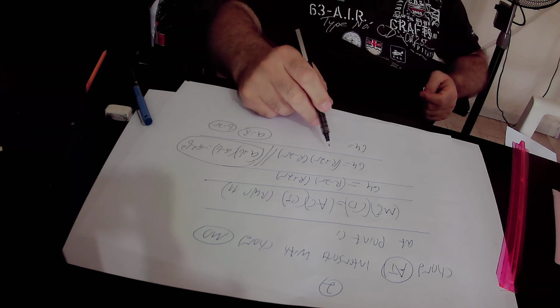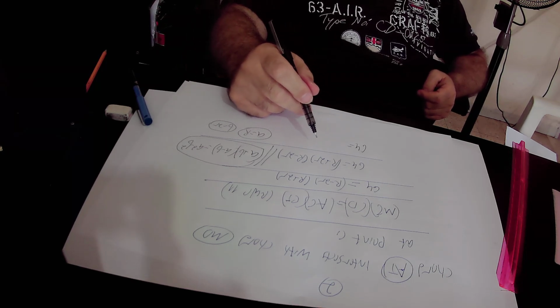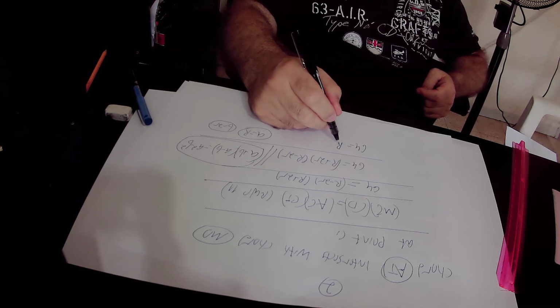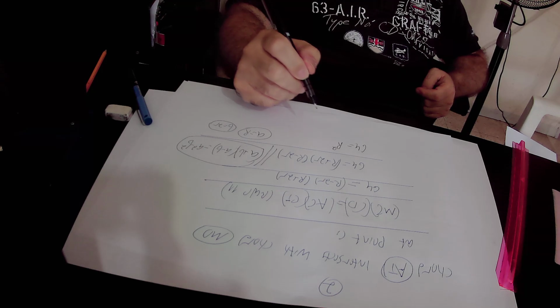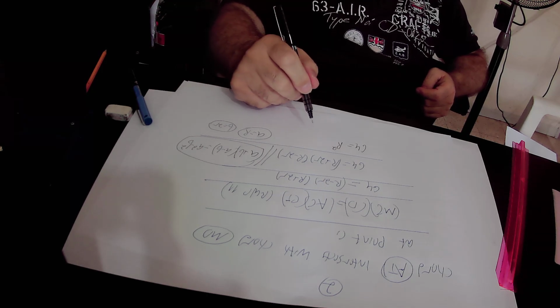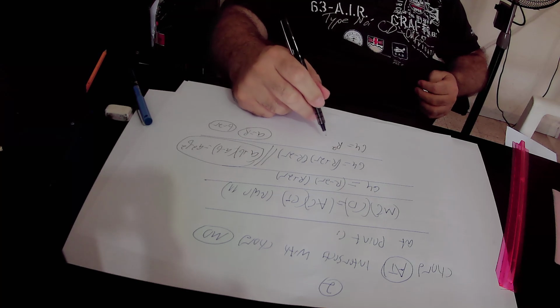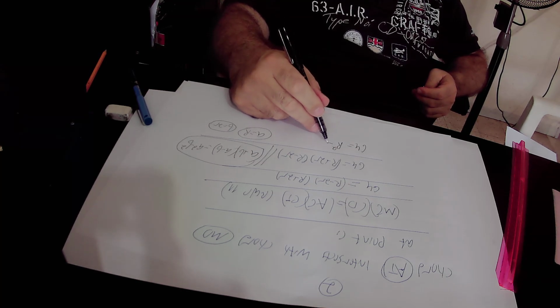So this expression will be equal to A squared, which is capital R squared, minus B squared, which is minus 2R squared.